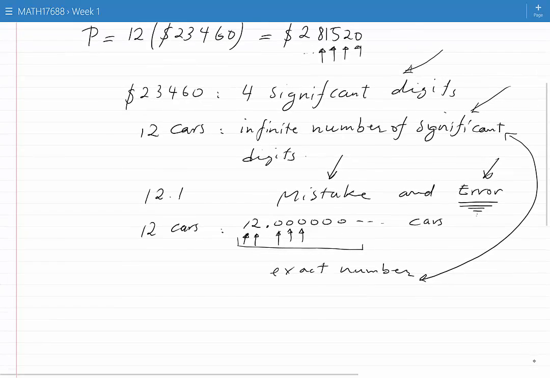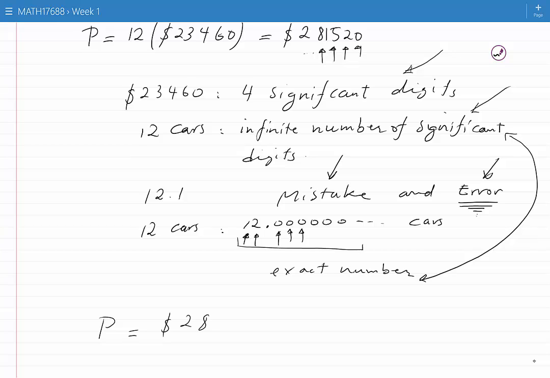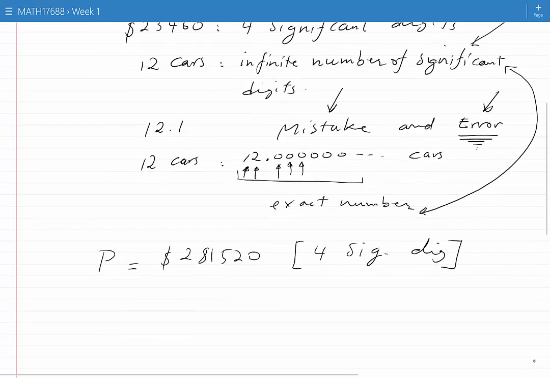Therefore, the total price is $281,520, only 4 significant digits, and that means that the total price is approximately $281,500.